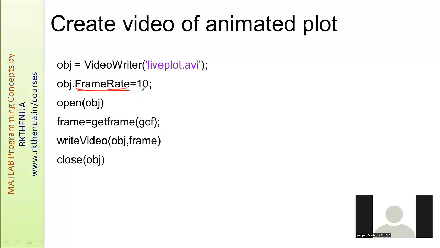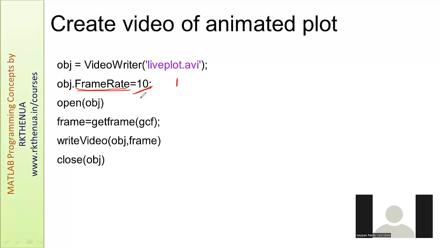This rate will decide the length of the video, or we can say the speed of that plotting. If you take this less, suppose you take 1, then your video length will be long. If you are taking more frames, then your video length will be small.